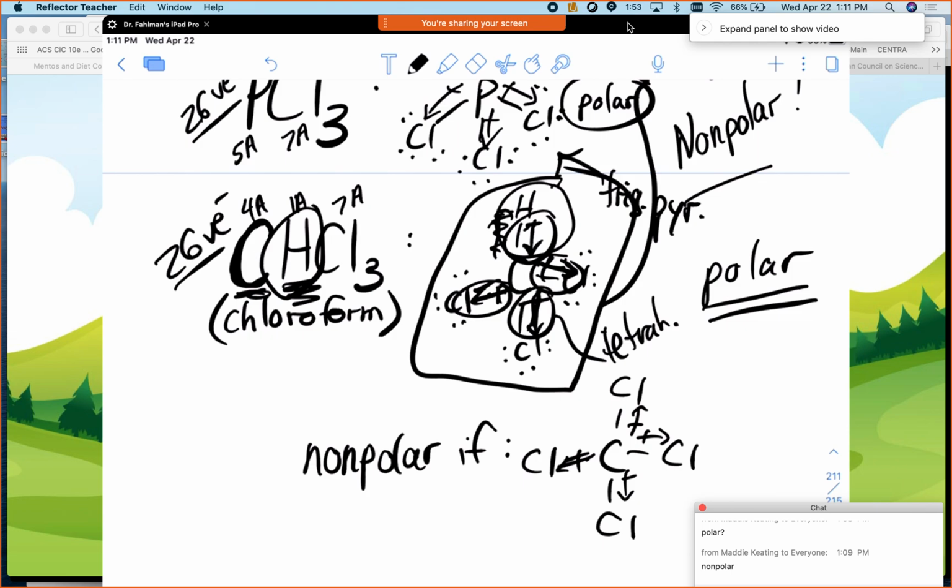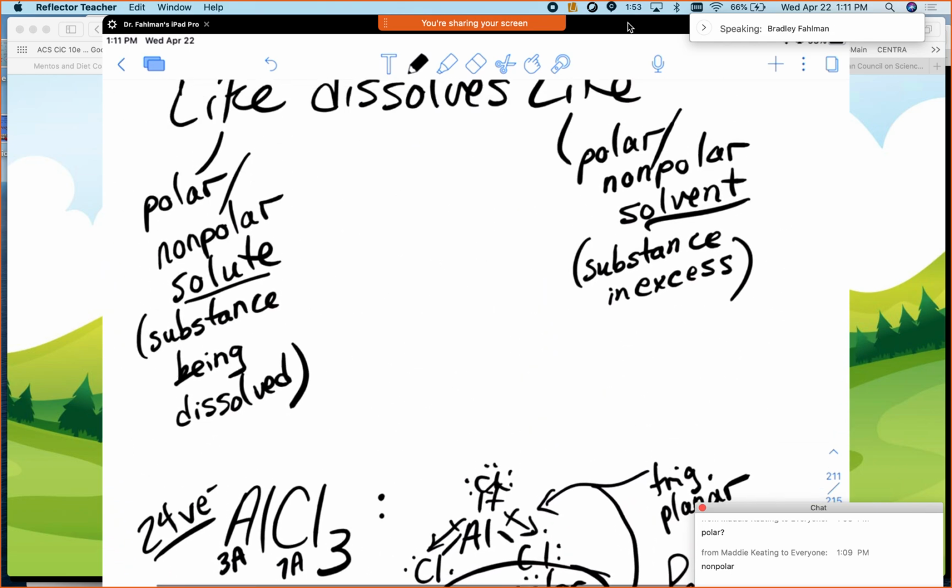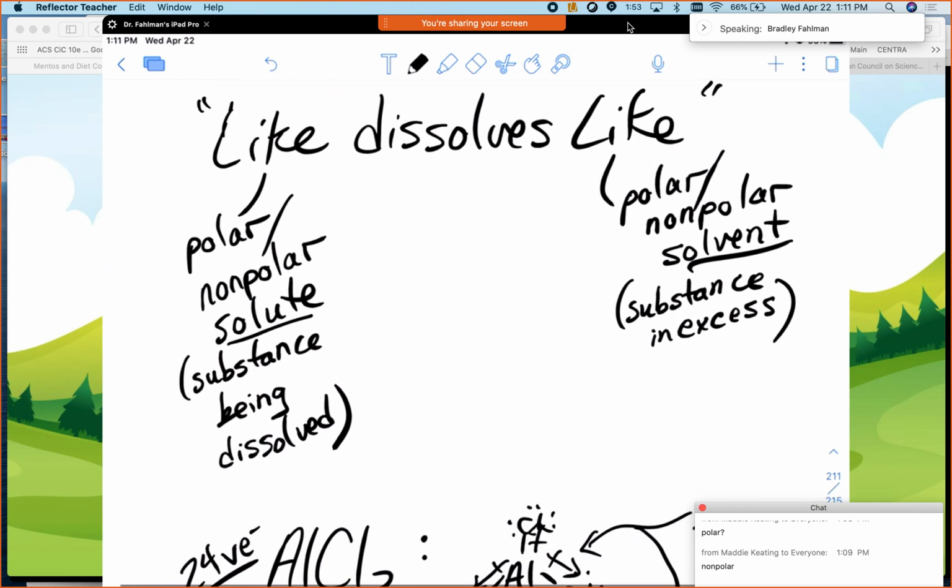All right, so let's talk about this rule: like dissolves like. This means that a polar or nonpolar solute, depending on what their polarity is, and a solute means the substance that's being dissolved, and then the solvent is the substance that's in excess.